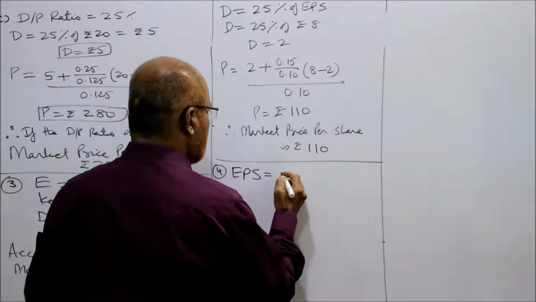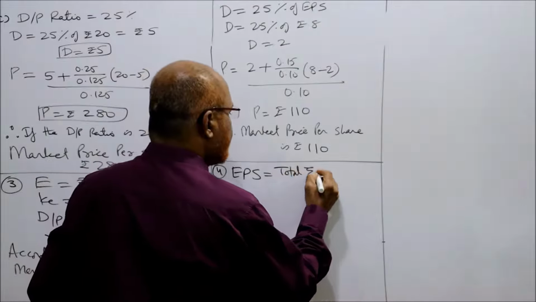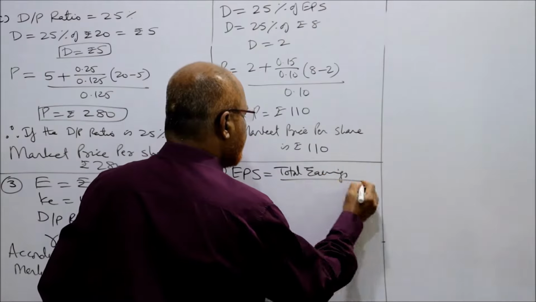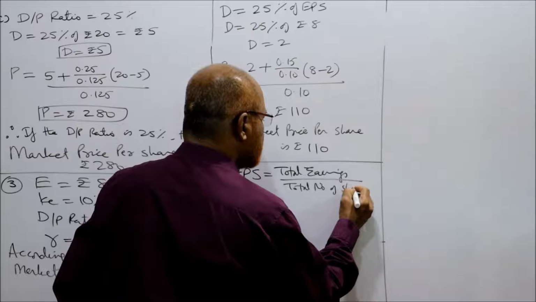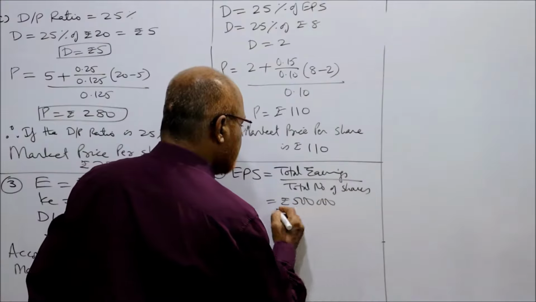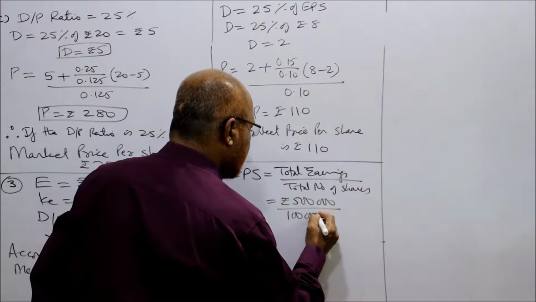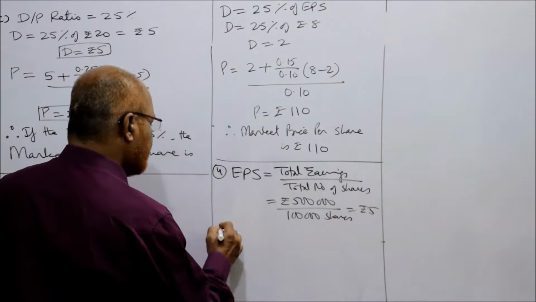EPS is equal to total earnings divided by total number of shares. That is equal to rupees 5 lakh divided by 1 lakh shares, rupees 5.